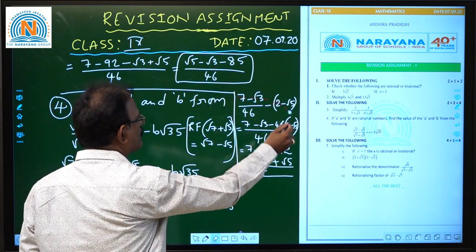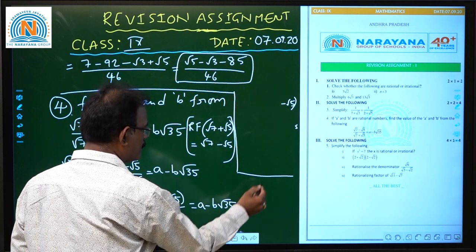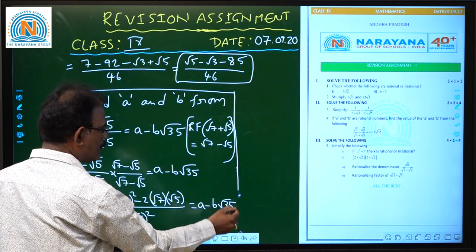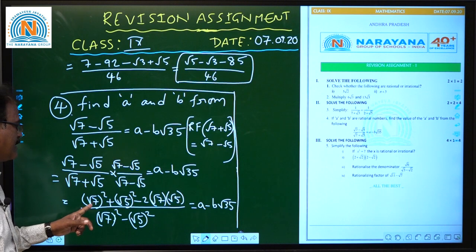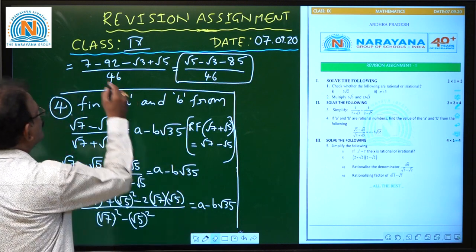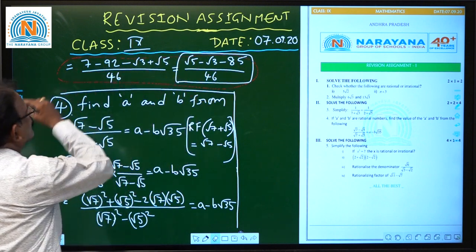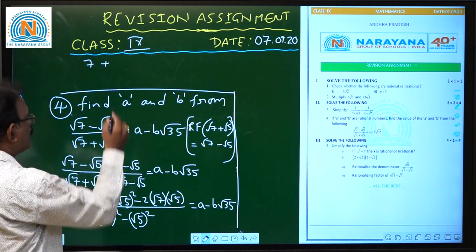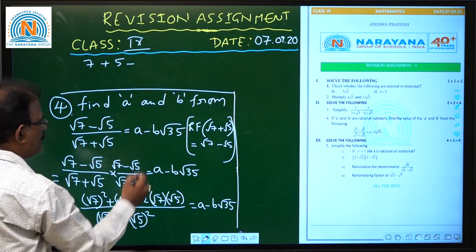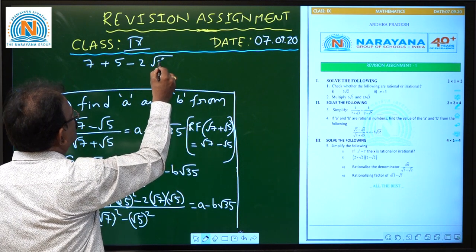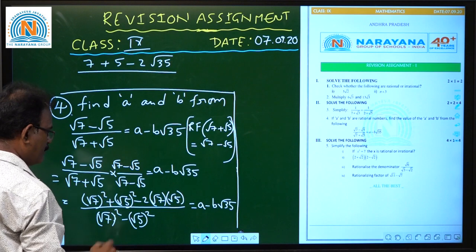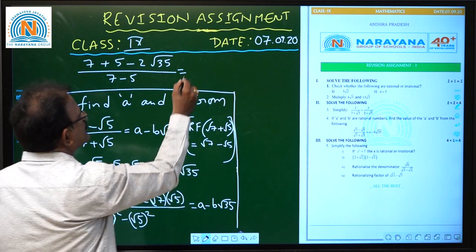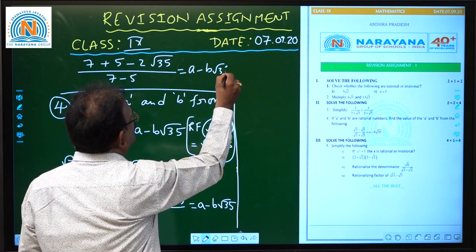Okay children. See now, square root getting cancelled. This is 7 plus 5, then minus 2 root 7 into 5, 7 5 are 35, divided by 7 minus 5 after you cancel the square roots either sides, then this is a minus b root 35.